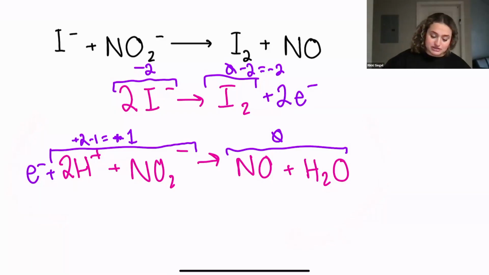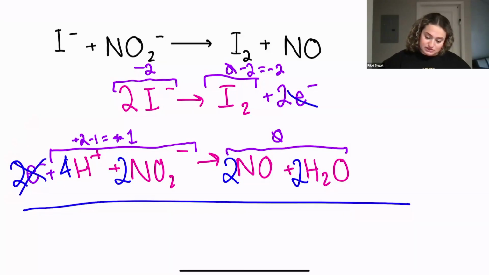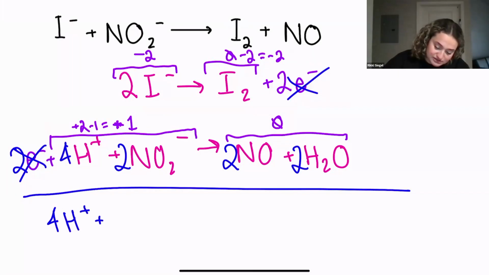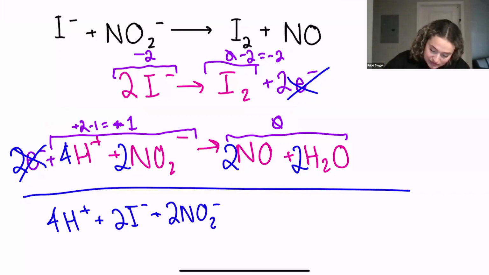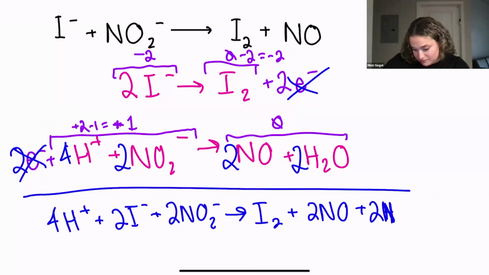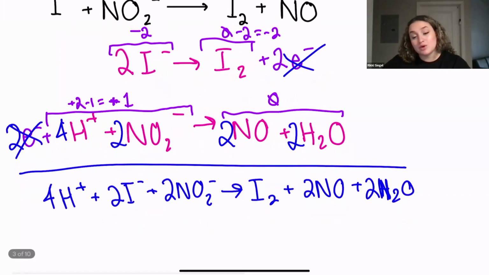Instead of rewriting it, I'm just going to do this. All right, cancels. 4H plus, 2I minus, plus 2NO2 minus. This is our final answer if it were in acidic conditions.